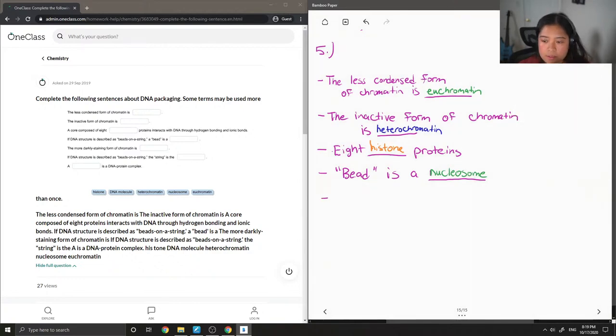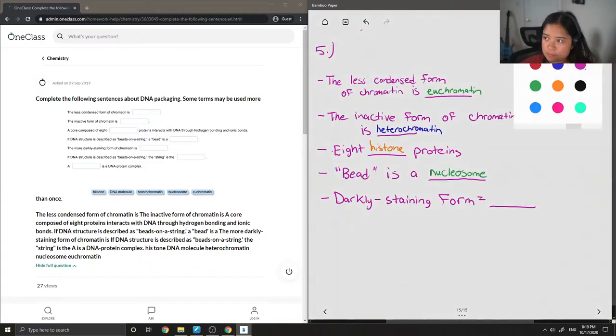Okay, so on to the next sentence. The more darkly staining form of chromatin is blank. So for this answer, it is also heterochromatin.